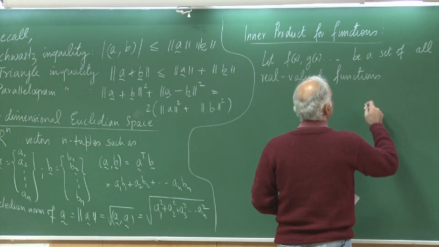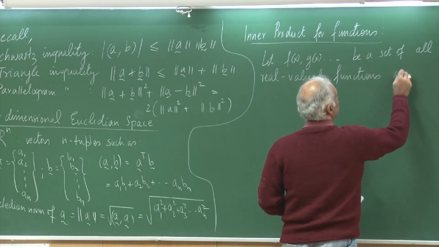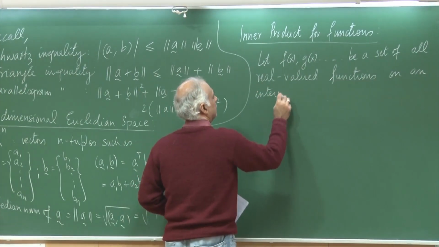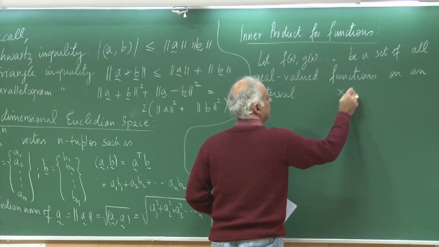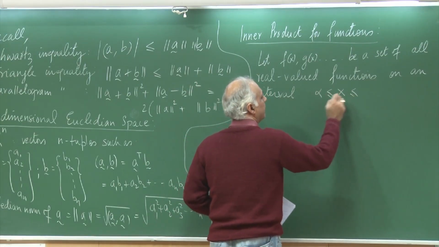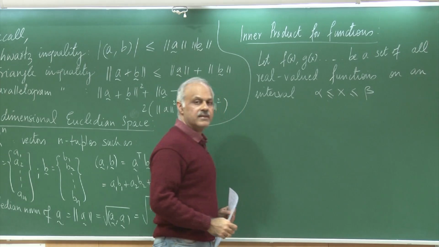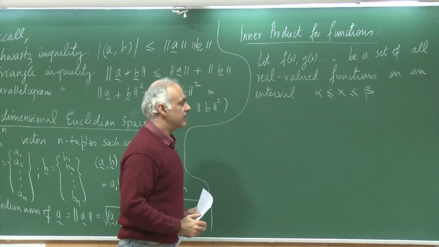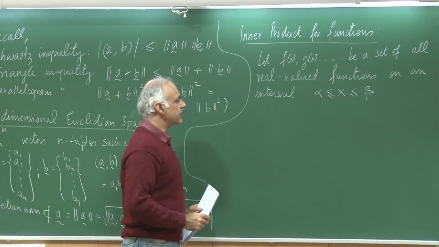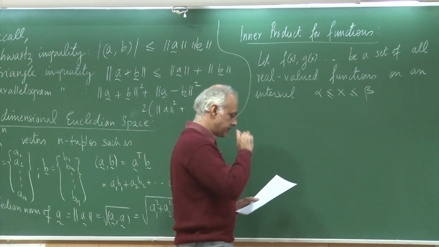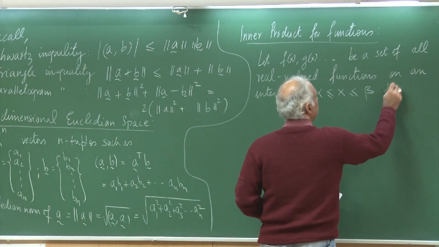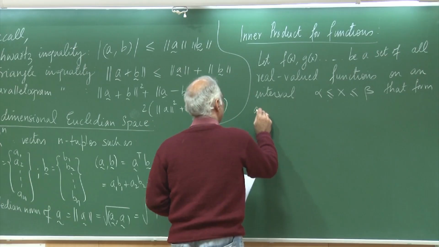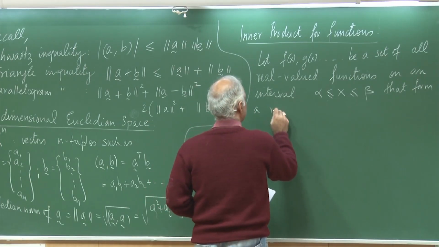And let's say we are going to talk about an interval x, which lies between alpha and beta. The 2 points are included, so it's inclusive of the boundary. And they form a real vector space.